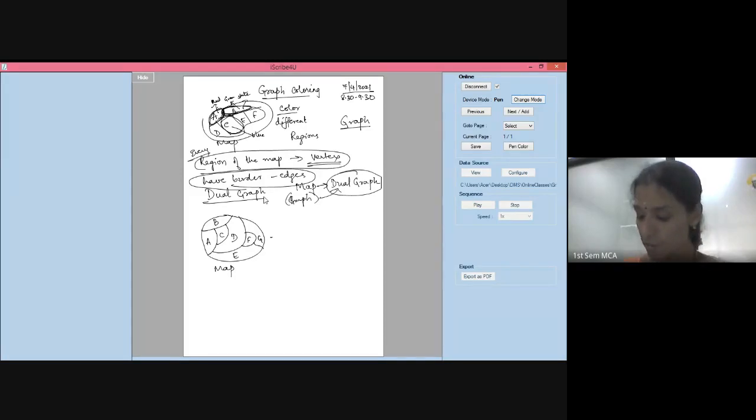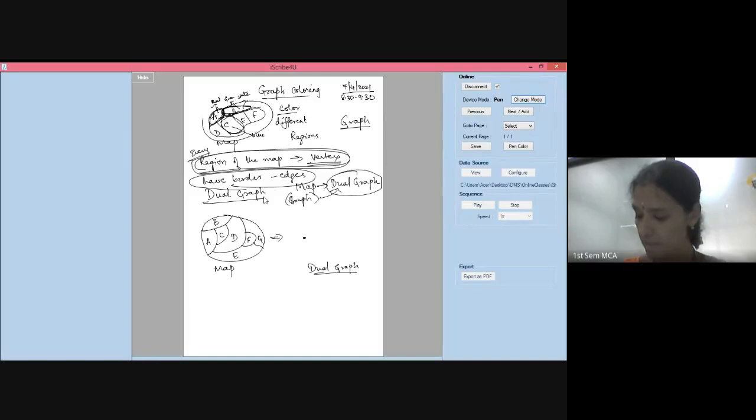Now, I have to convert this into what is called a dual graph. So how do I convert? As I told you, every region of the map, you should represent it using a vertex. So how many regions we have? We have A, B, C, D, E, F, G, right? 7 regions we have in this map. So we will be using 7 vertices. Every region represented as a vertex.